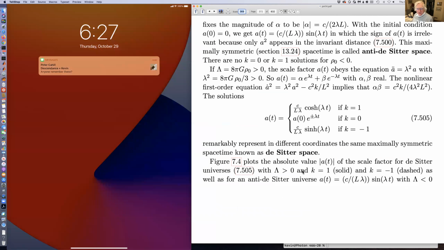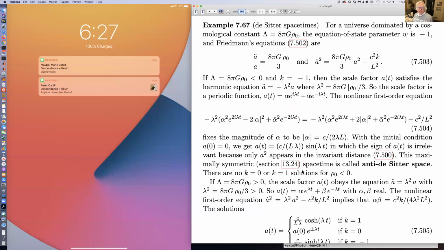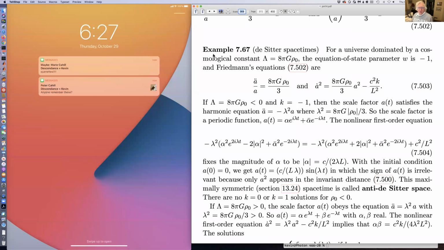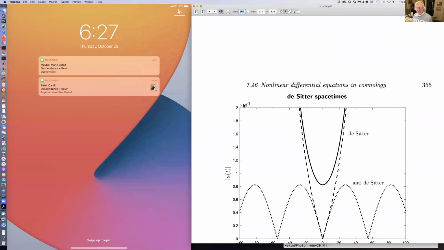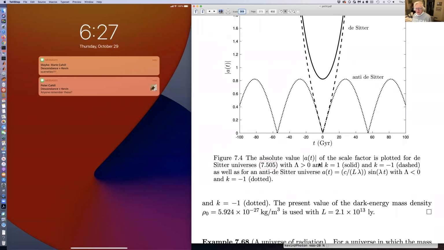And so let me see what I called lambda. Is lambda, always this sign confusion, is lambda proportional to rho? Well, lambda has the same sign as the energy density. And so here, the solid curves are lambda positive, and the dashed curve is lambda negative.